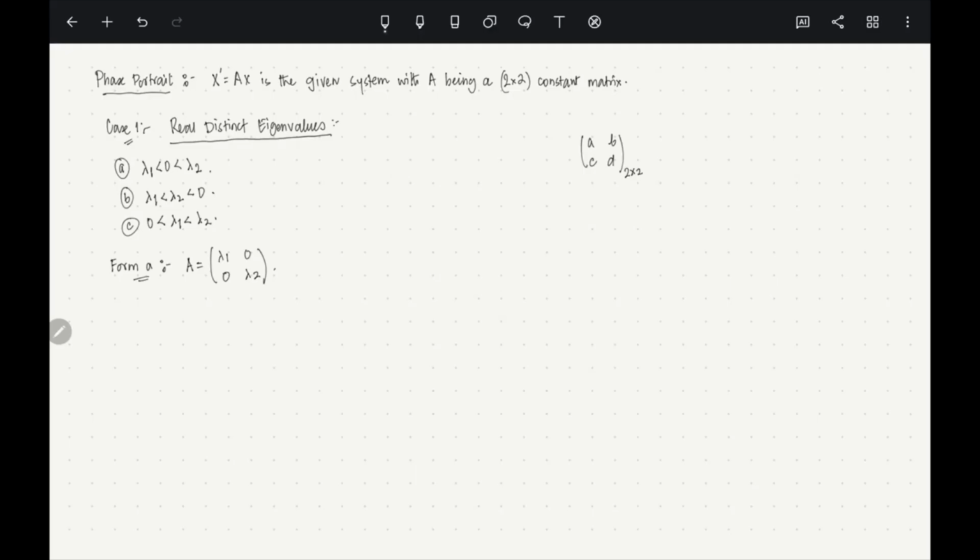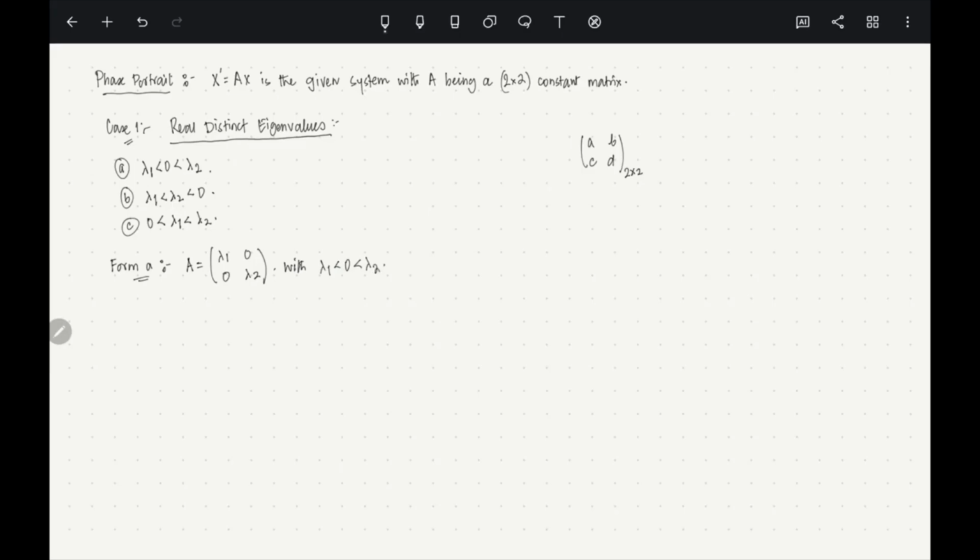This is the most easy or natural form, the diagonal form, with 0 between lambda 1 and lambda 2.